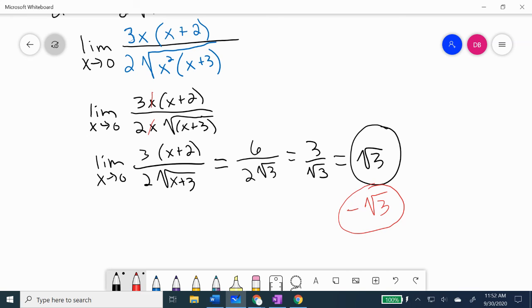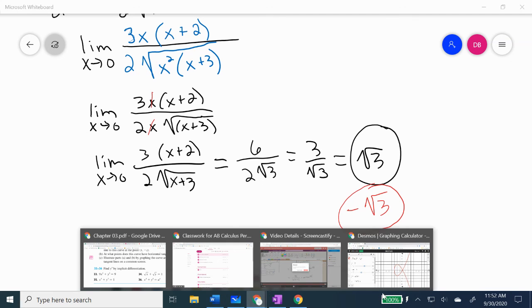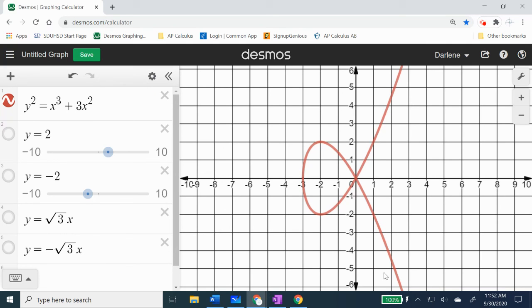Let's take a look at this graph to see why we are getting these two different answers. I have a Desmos already prepared. Here is the graph. Isn't it pretty? If we look at 0, 0, we see that this non-function, this relation, actually goes through that point twice.